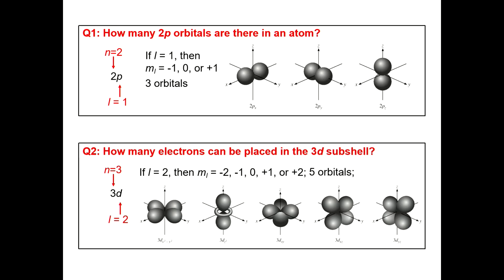Now it's 119 or so. Building from 1s up to 5f or so is enough, and d has 5. So spdf, that's all.